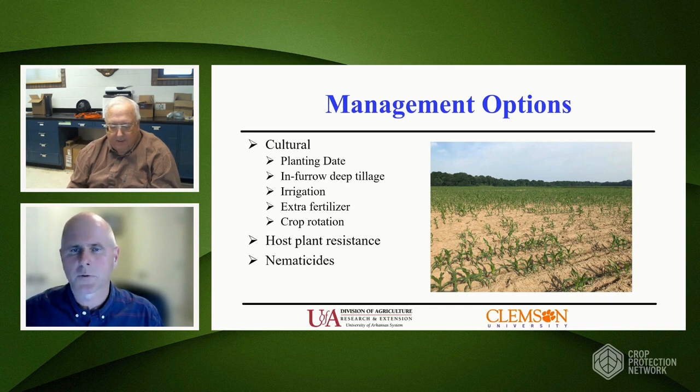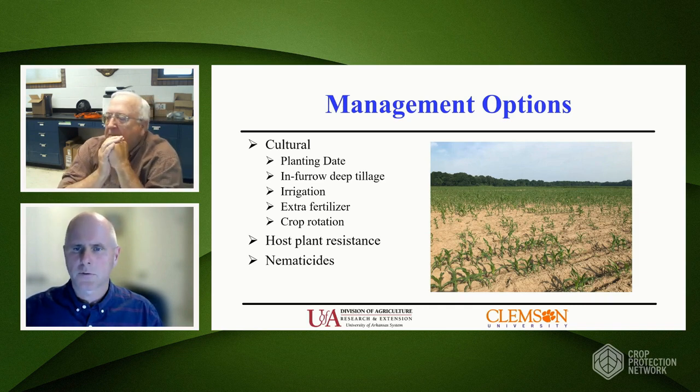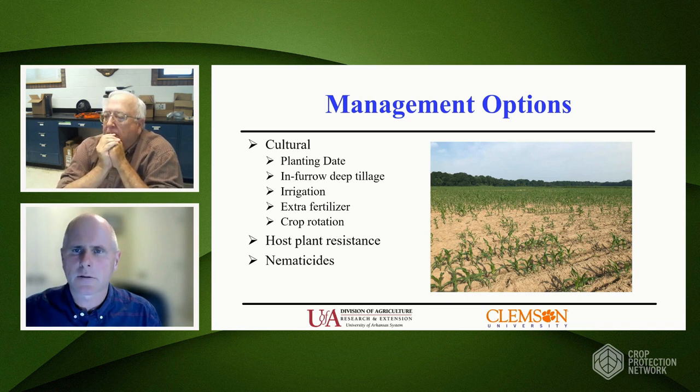And we have farmers in Arkansas who are now doing that. Of course, a good root system is also helpful to mitigate any of the losses there. So in-furrow tillage can certainly be helpful. And of course, looking at some of the other inputs that you have, you're not going to irrigate your way out of this, and you're not going to fertilize your way out of it.